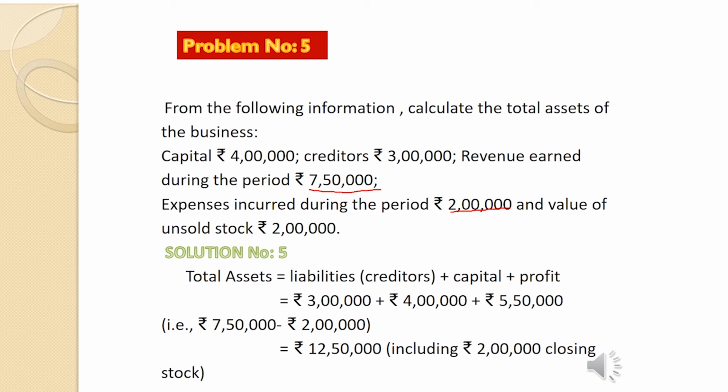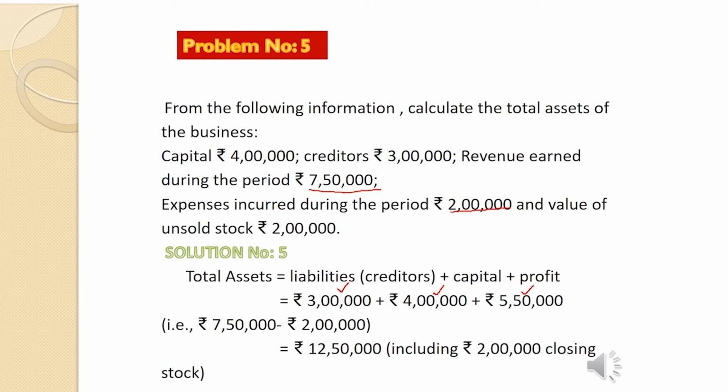Now you have to find out the total assets. Total assets is equal to liabilities plus capital plus profit. What is the liabilities? Liabilities amount is 3 lakh. The capital amount is rupees 4 lakh. Profit is 7,50,000 minus 2 lakh, which is 5,50,000.